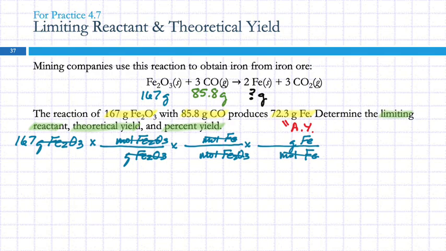Okay, grams to moles to moles to grams. Where were we? Moles in the middle. Fe2O3 has a 1 in front of it, implied, so I'll put a 1 down there. The Fe has a 2. Here, I need the molar mass of Fe2O3, so I'm going to have to calculate that.